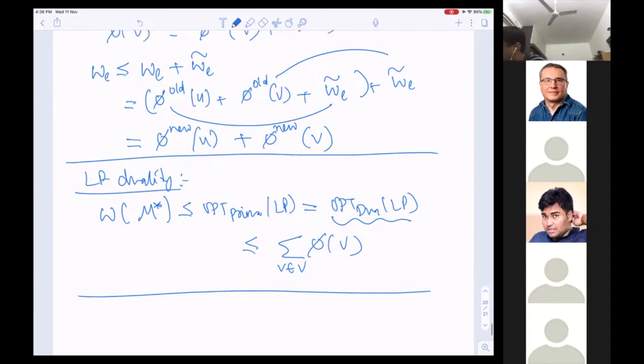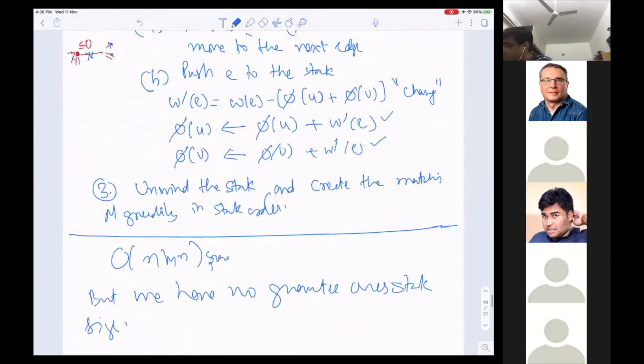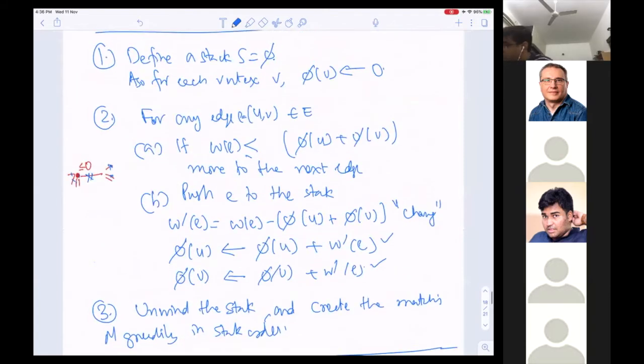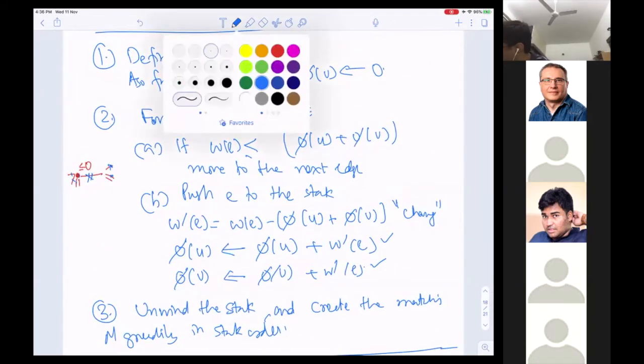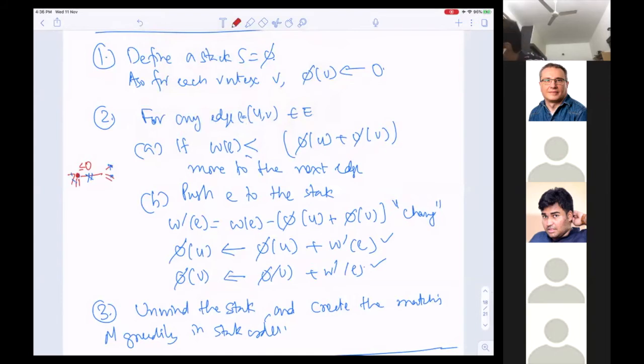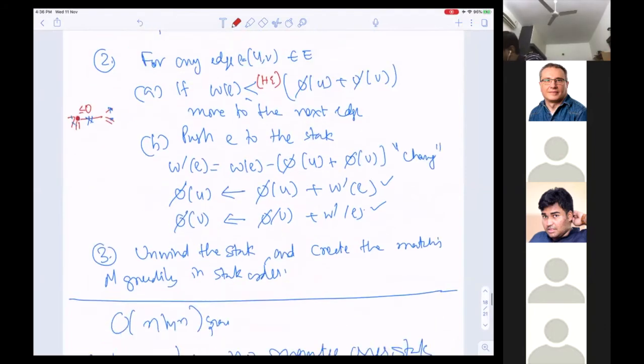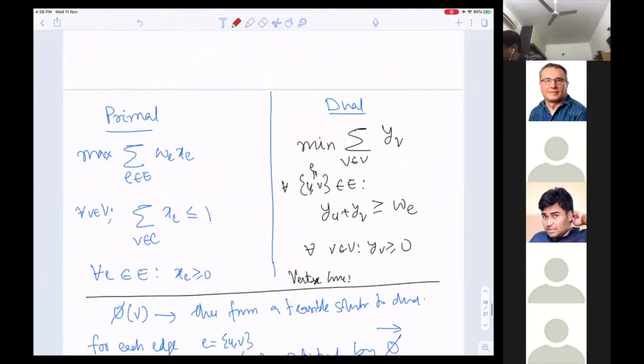Now, what we are going to do is make slight changes here. I will fix this epsilon, and I'm going to write 1 plus epsilon. So I look at any edge and ask, are you at most 1 plus epsilon times your potential? Then I move to the next stage. That's all the change I will make. But now let's see what changes this makes to primal dual.